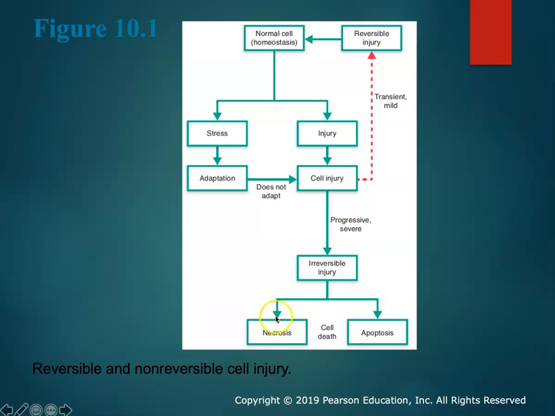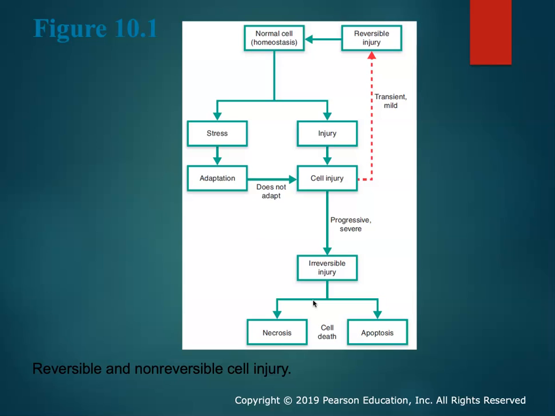And there's two different types of cell death that we'll talk about at the end of the chapter: necrosis and apoptosis. Okay. So if you think about organ function, if enough cells within that organ die, the organ will ultimately fail. Or if you just want to think about tissue, if enough cells of a certain tissue die, that tissue is not going to function properly.